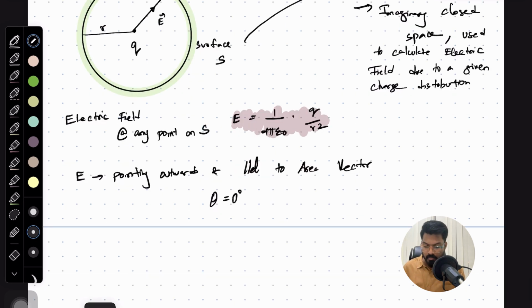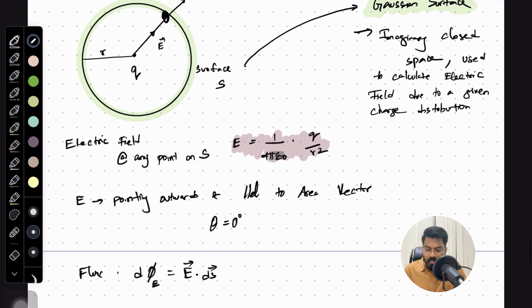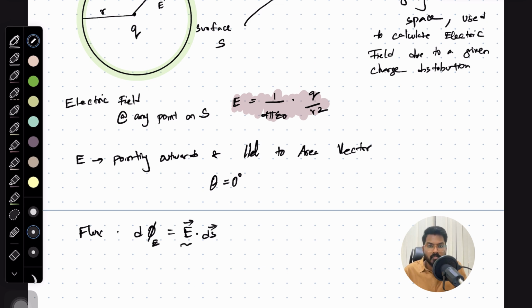In that case, the flux for a small portion, with small area dS, is the electric field multiplied by the area of the small portion.